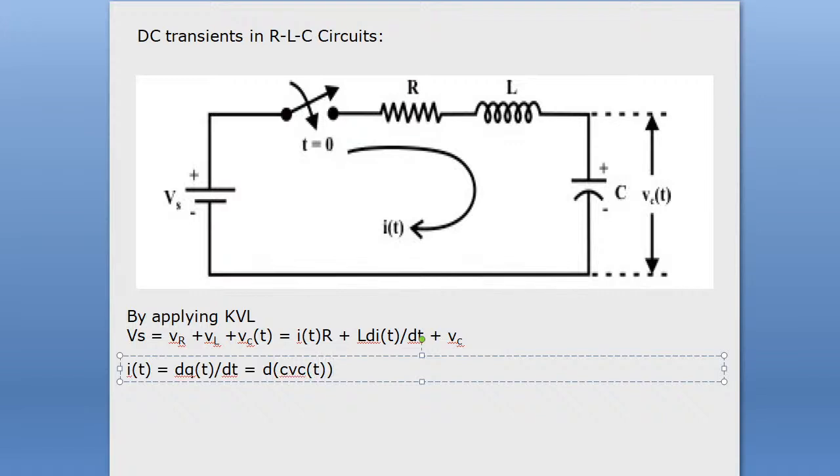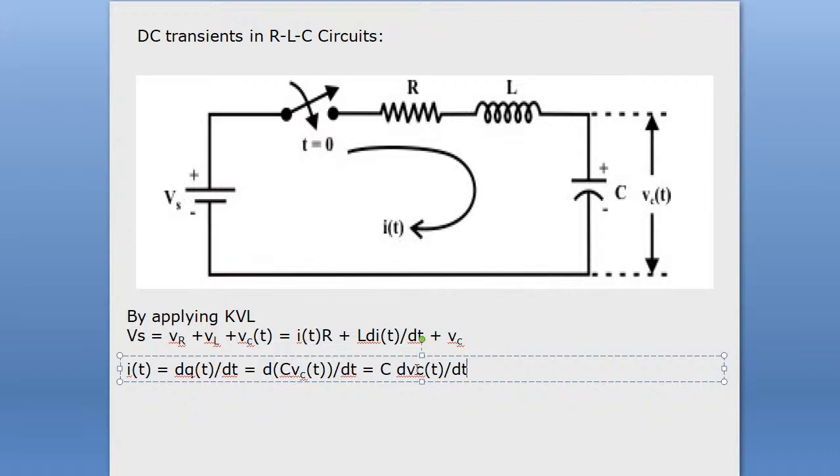So q(t) equals C Vc(t), and C, the capacitance, is capital C and a constant value. The C will be taken outside of the derivative, so we can write C dVc(t) by dt.